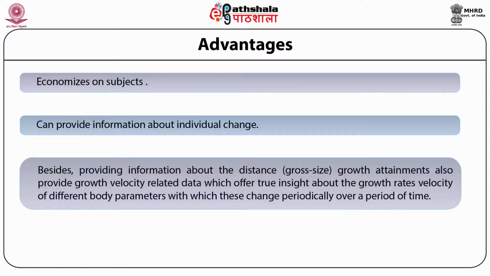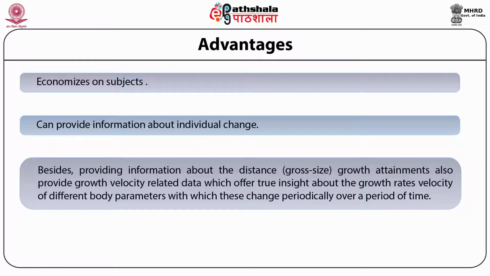Such changes in the different body parts of a growing child may be incremental or decremental in nature. As growth velocity denotes the innate capacity of a child to grow and develop, these studies help to understand the influence of various environmental, nutritional, seasonal, disease and climate related factors on growth dynamics of children.